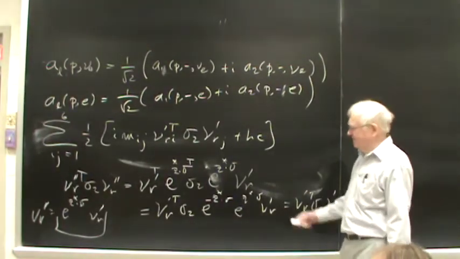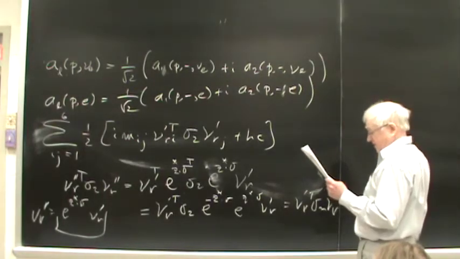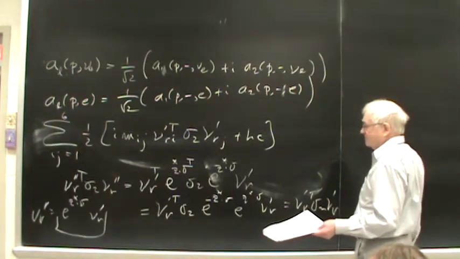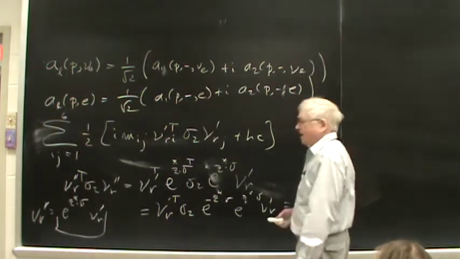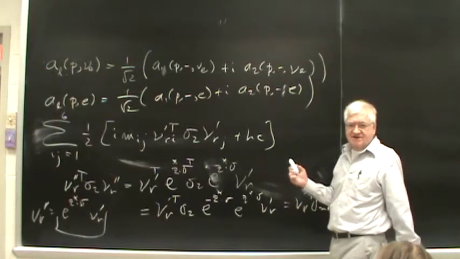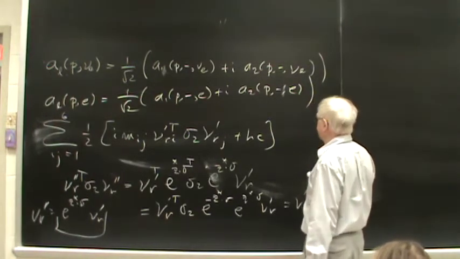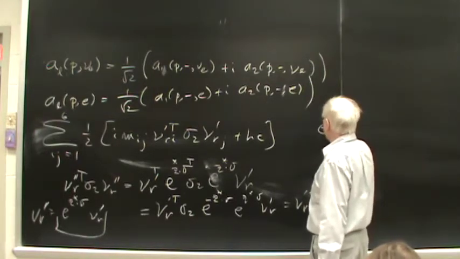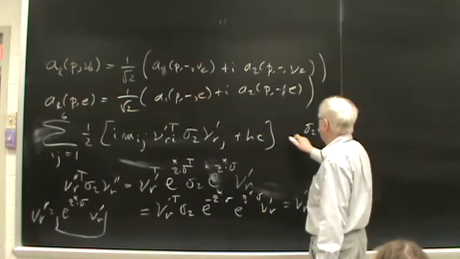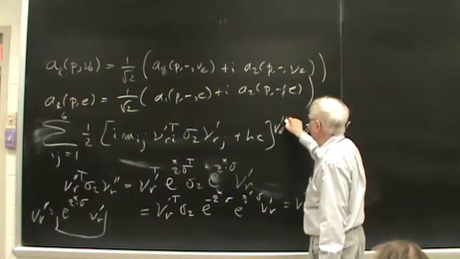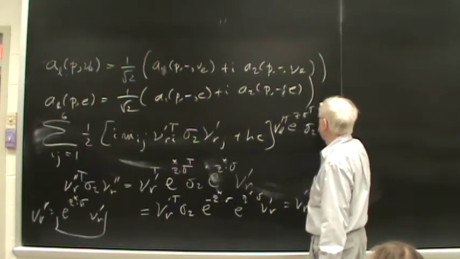And of course, if you were doing it with left-handed fields, you would have a similar thing. Instead of saying it's z star, it would be e to the minus z dot sigma, or maybe plus z dot sigma. Anyway, it would be the same business. You have e to the z dot sigma, say, sigma 2, nu left prime transpose, e to the z dot sigma transpose.